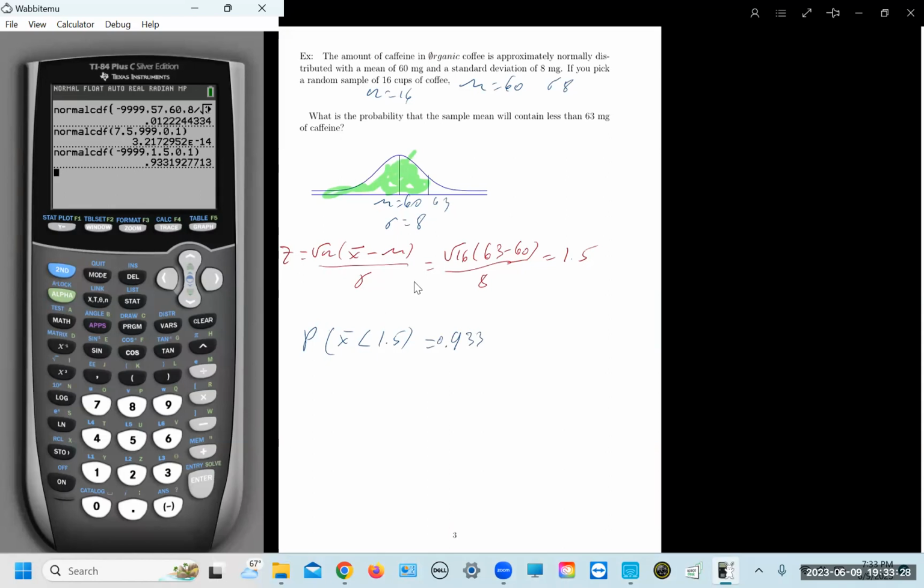It's no problem, but when we have the formula, we can apply it the easy way. So second vars, number 2, the lower is minus 9999, the upper is 1.5, mu is 0, sigma is 1.